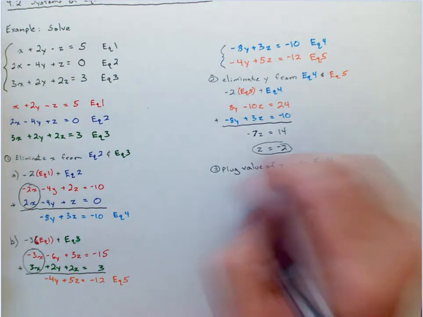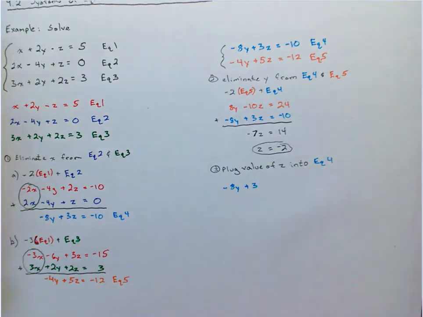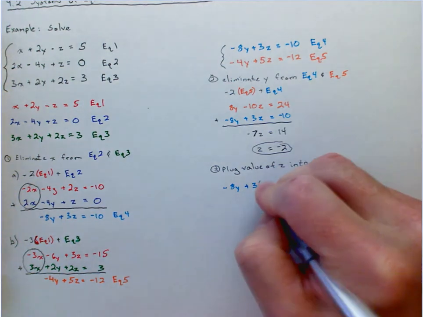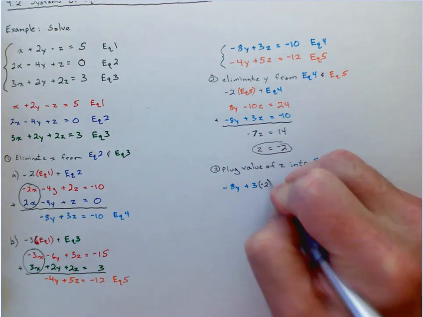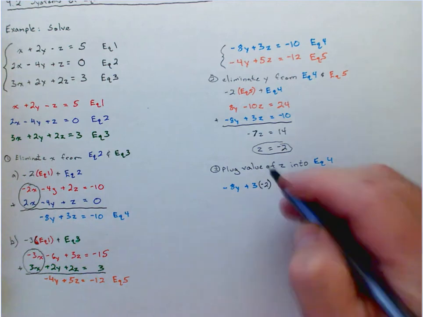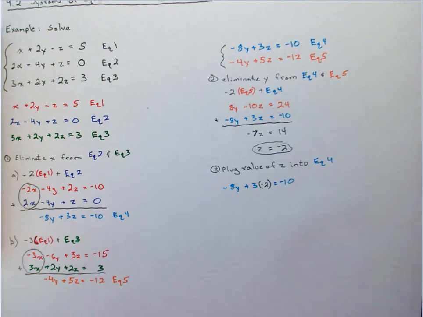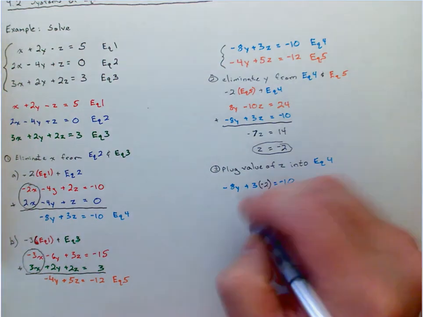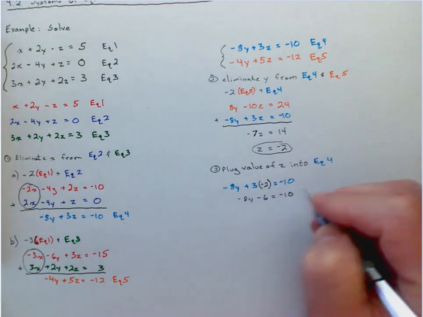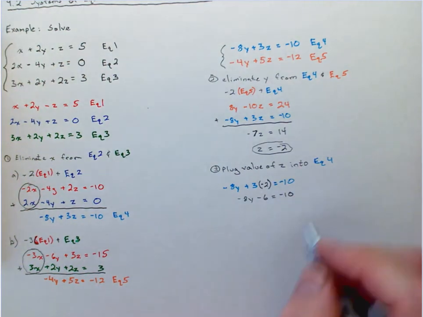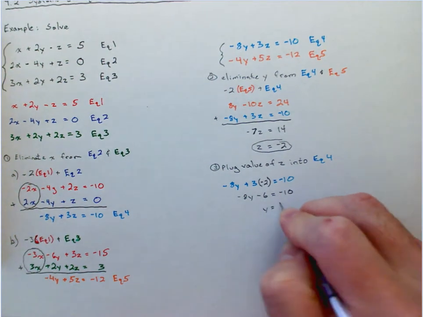So I have negative 8y plus 3 times z, and z is negative 2, equals negative 10. And with that, I need to solve for y. So negative 8y minus 6 equals negative 10. Add 6 and you get negative 4. So y is going to be 1/2.